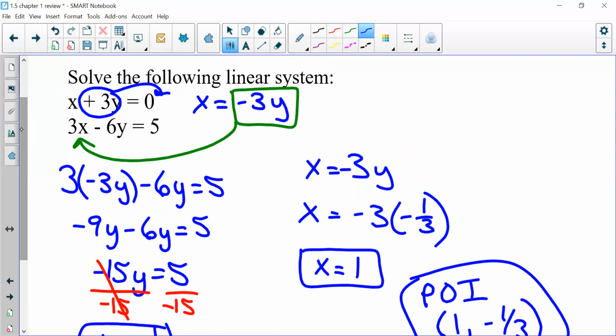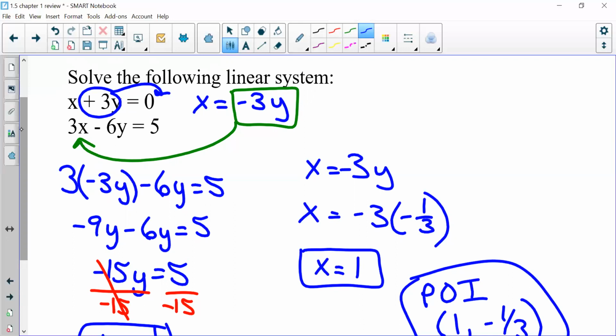This you're going to have to trust me, or use your calculator. 6 times 1/3 is 2. So 3 minus negative 2 is 5. You can check it, but rely on your calculator if you hate doing fractions. Please check it, and then you'll know, even though it's a fraction, I've done it right, and you can still be confident. They're not always whole number points.